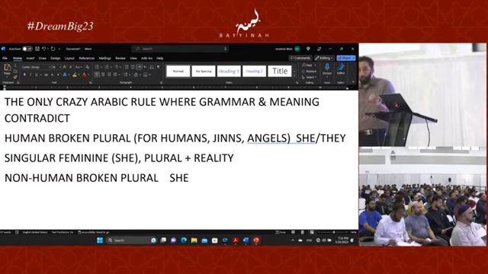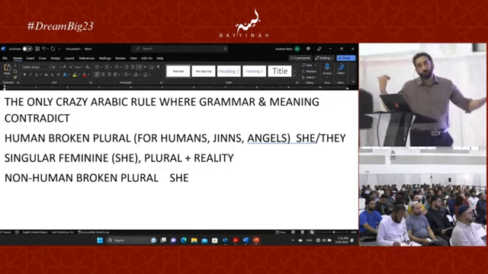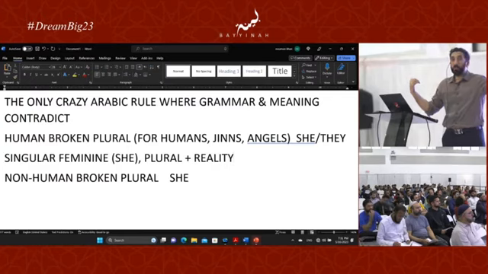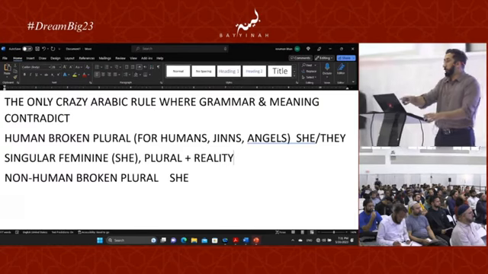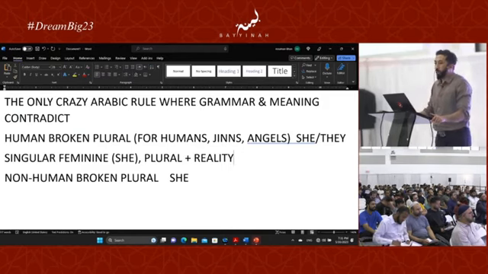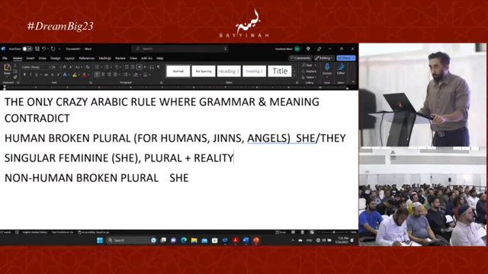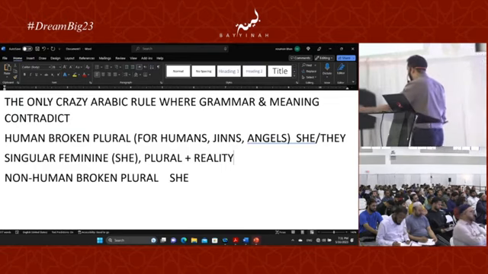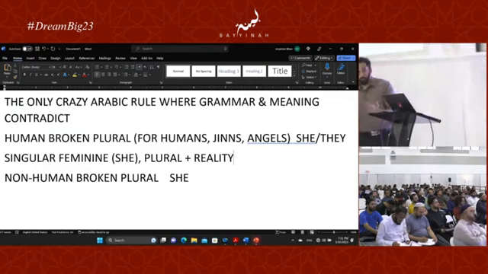If it's going to be angels, which one's it going to be? Masculine. If it's going to be prophets, what's it going to be? Masculine. If it's going to be believing women, what's it going to be? Feminine. That's what I mean. I don't mean plural and feminine or plural and masculine. I said plural and reality. And if you don't have a good grasp on reality, see me after class. We will discuss. That's a separate problem. But when it comes to non-human broken plurals, you basically only get what? She. She. Even if it's a plural.